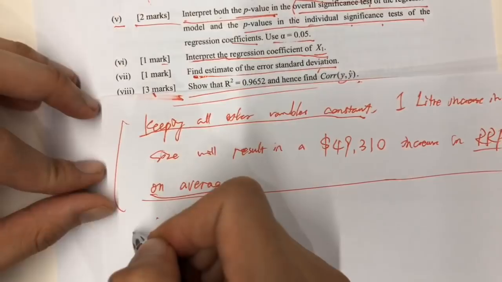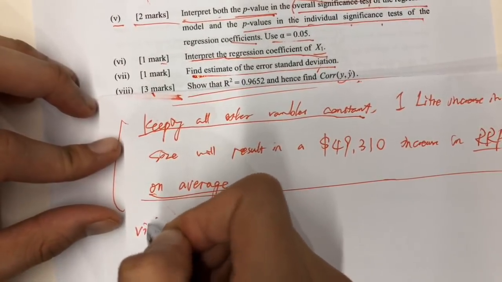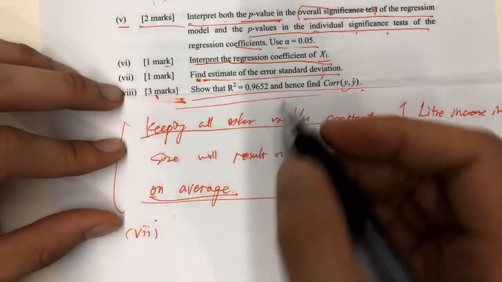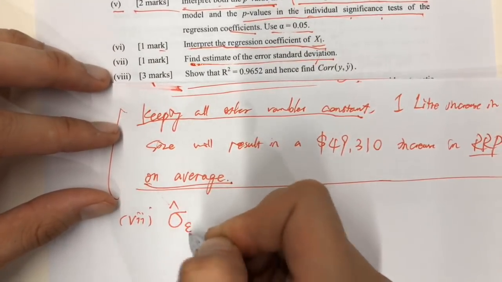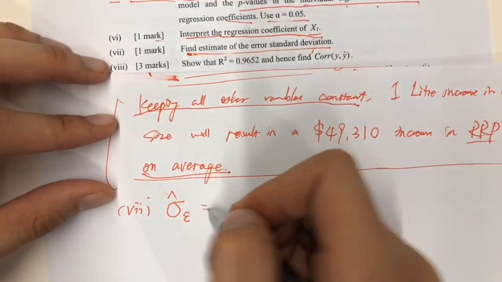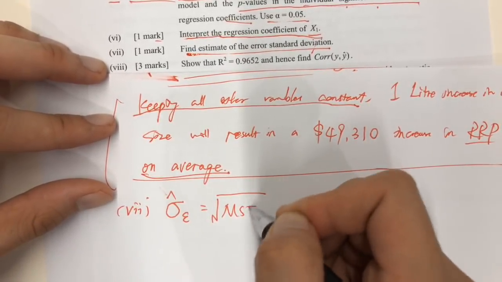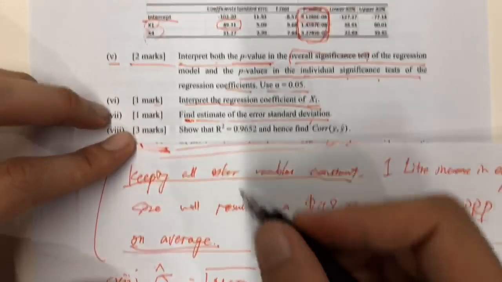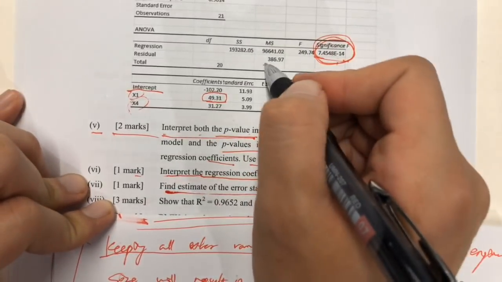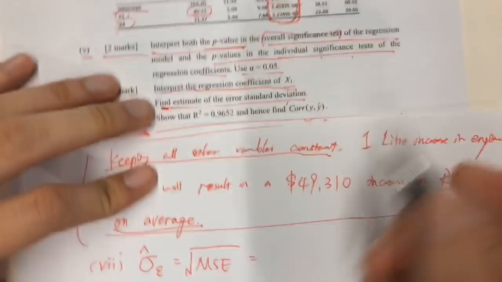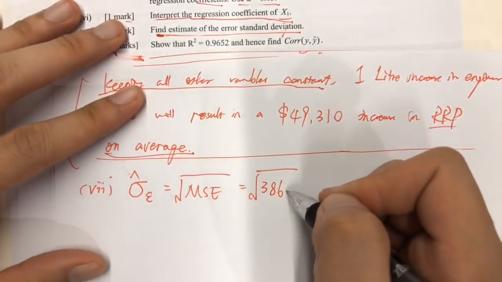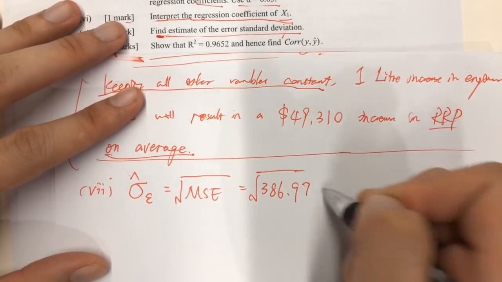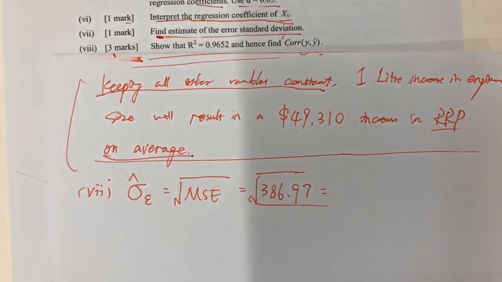So, for question 7, the error standard deviation is simply the sigma error hat, and it's equal to the square root of MSE, and we know the MSE in the table is 386.97, so it's the square root of 386.97.